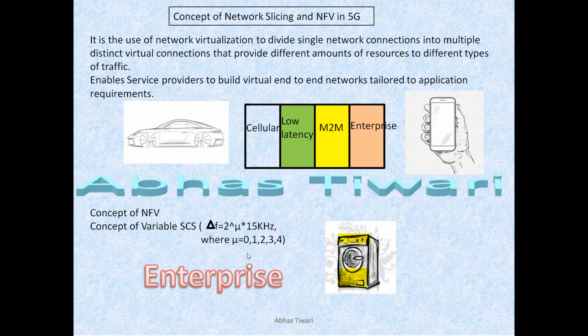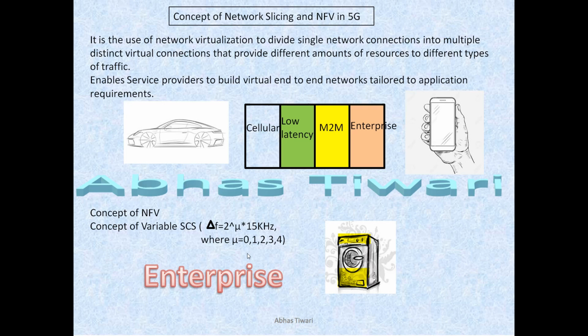The throughput requirement is less, while high throughput requirement and high data rate cases are a different concept. For every usage, every application, you need a different kind of service. That's why variable subcarrier spacing came into the picture to cater to the needs at the physical layer of 5G.